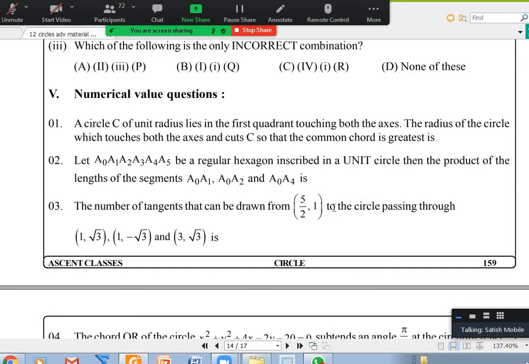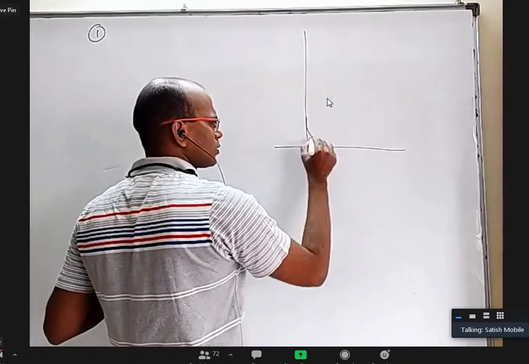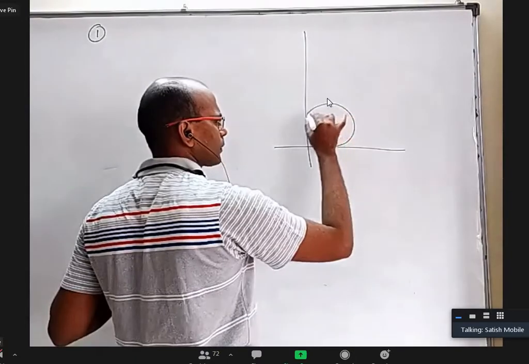Okay, first question. A circle of unit radius lies in the first quadrant touching both the axes. The radius of the circle which touches both the axes and cuts this such that the common chord is greatest. So we have a circle of radius 1 like this.